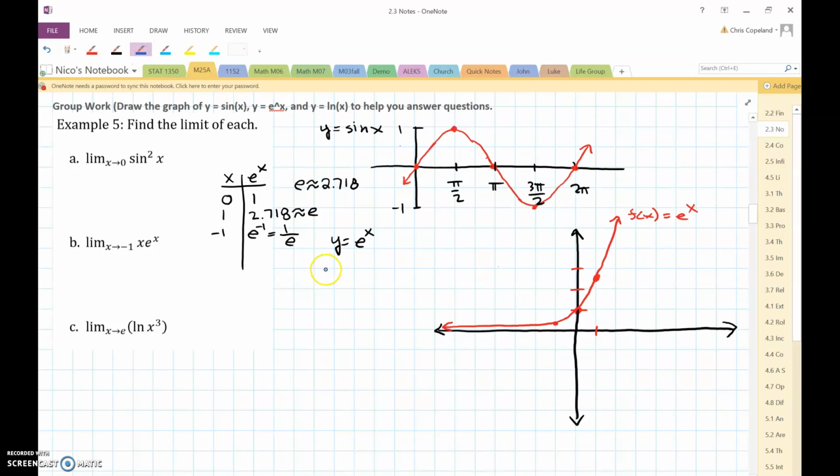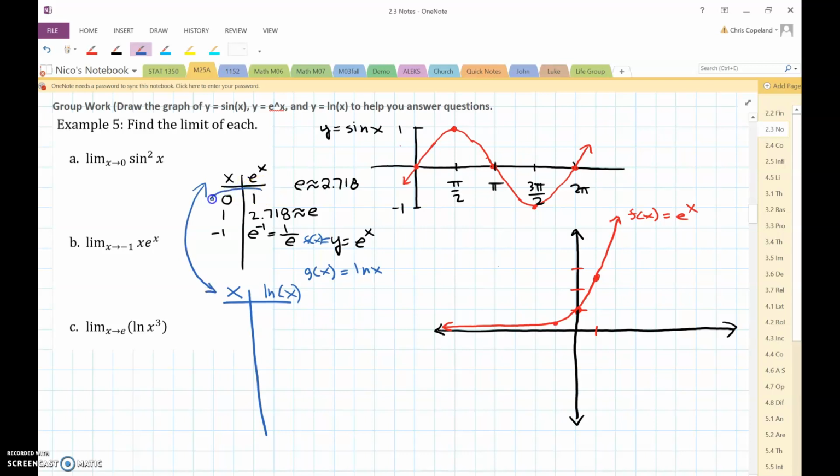Now let's graph g of x equals the natural log of x. So again, this should be a graph that we're familiar with, but let's go through it. Something else to think about, there's an inverse relationship here.